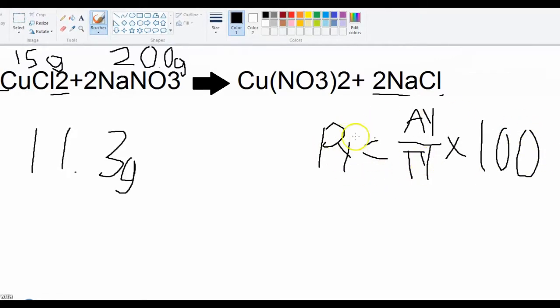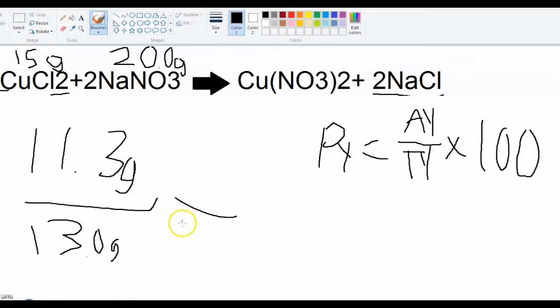That's the formula for percent yield. So this is our actual yield, and we already know what our theoretical yield should be. It should come out to 13.0 grams, because that is our limited yield, which is going to be your theoretical yield.